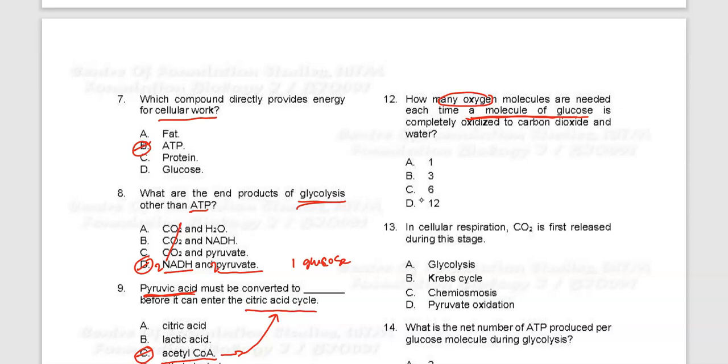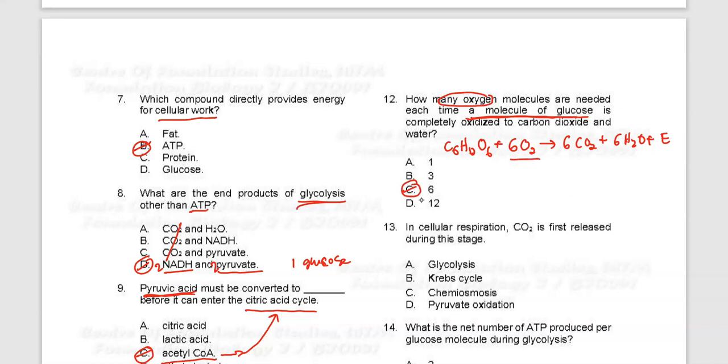This equation you are really familiar with: one molecule of glucose and 6 molecules of oxygen are required during cellular respiration to produce 6 molecules of carbon dioxide, 6 molecules of water, and also energy in the form of ATP. So the answer will be C.